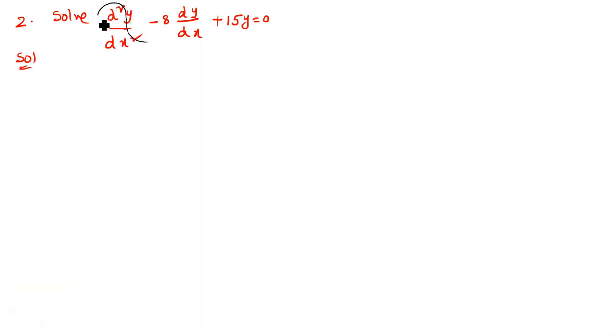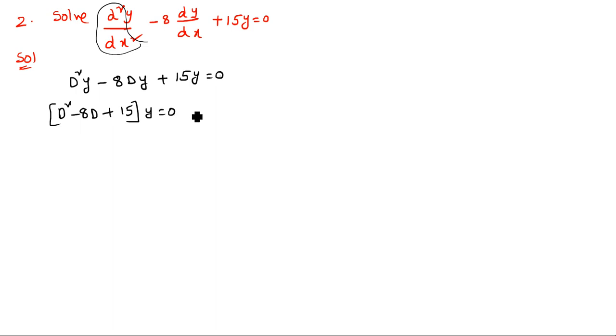So d square y minus 8 dy plus 15y equals to 0. So d square minus 8d plus 15 into y equals to 0 is of the form f of d into y equals to 0.